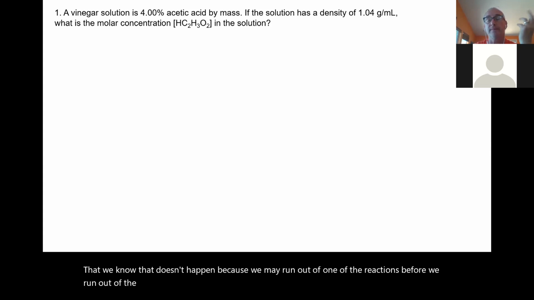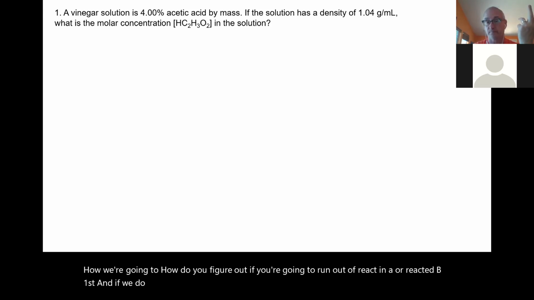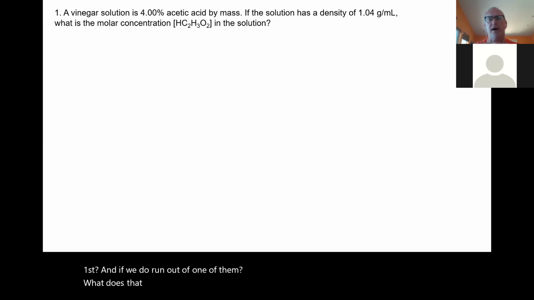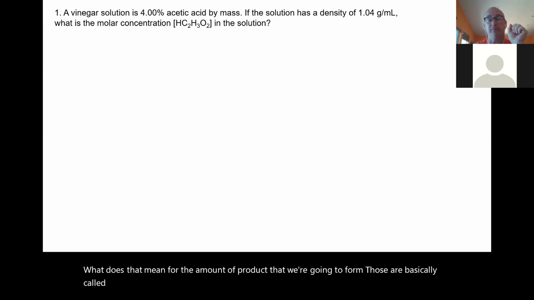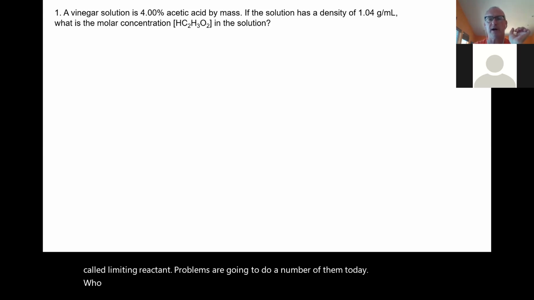And so we're going to go over how to figure that out. How do you figure out if you're going to run out of reactant A or reactant B first? And if we do run out of one of them, what does that mean for the amount of product that we're going to form? Those are basically called limiting reactant problems, and we're going to do a number of them today. So, who has some questions before we get started, and then we'll dive in.